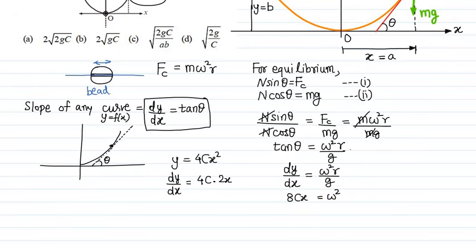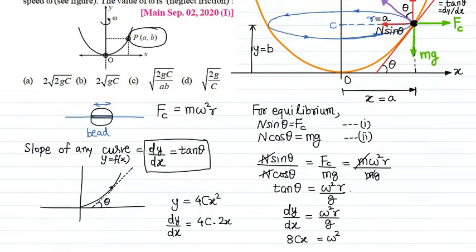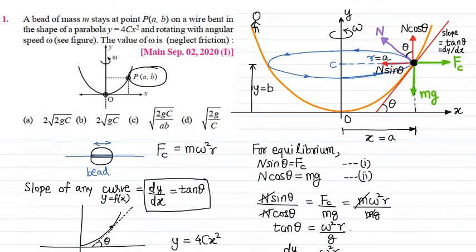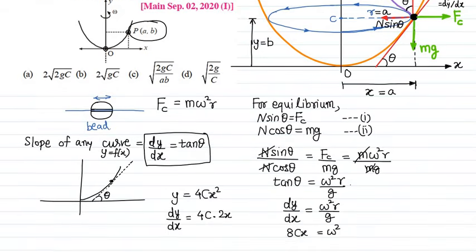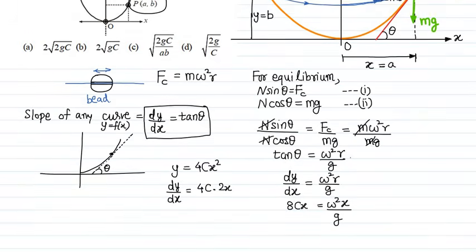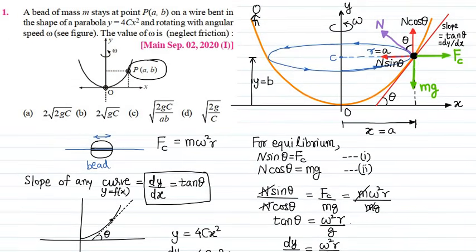Now once again, if I go into the diagram, I find that the radius r is nothing but equal to a, and also the x coordinate itself. So I can write here in place of r, x, so that x will get cancelled from both sides. Once again, we should see in the diagram that the x coordinate itself is equal to the radius of the circle. The radius of the circle a is also the x coordinate a.